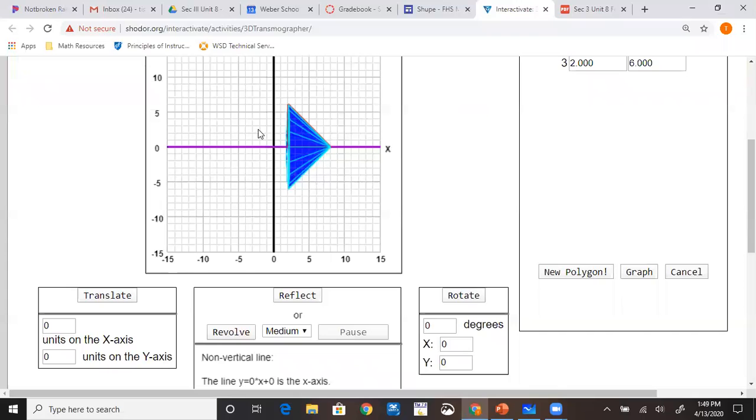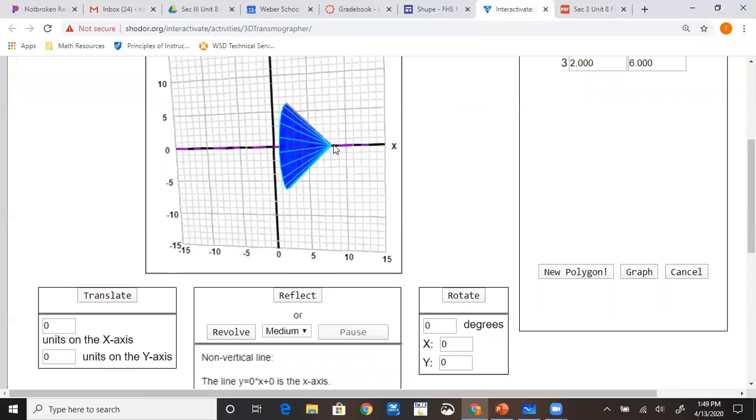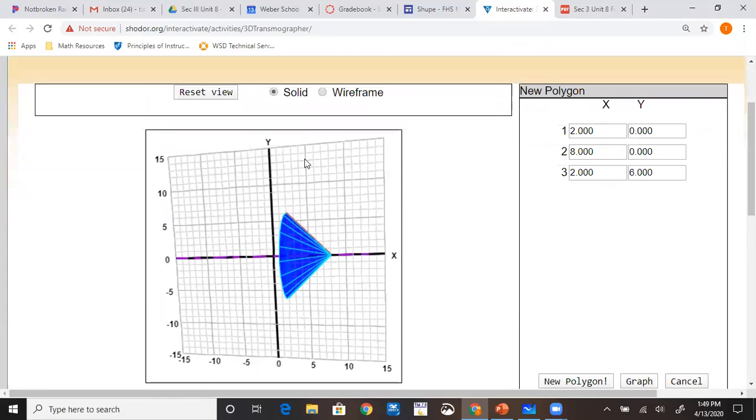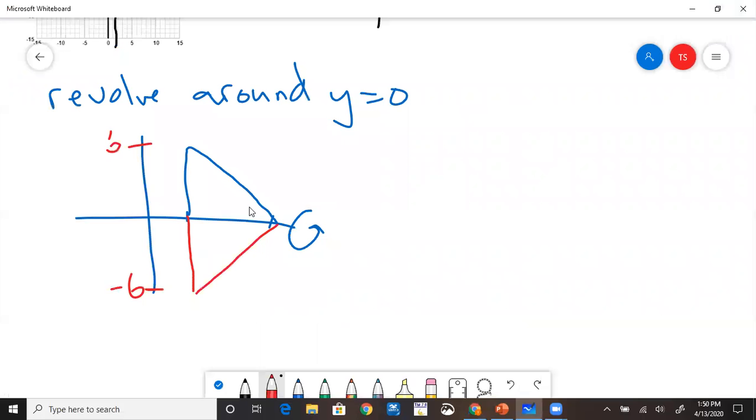It's still a cone because we still spun it around and got the circle as the base, but now that cone is going out to the side. And if I want to see just the original triangle and its vertical cross-section, I'm going to hit reflect, and I can see where that reflection would be so that I have that two-dimensional expanded triangle as my cross-section. So this entire triangle, the combination of the blue and the red, would be that vertical cross-section that we are looking at.